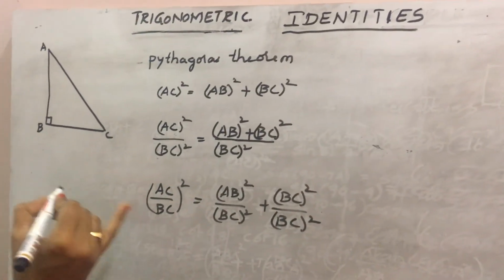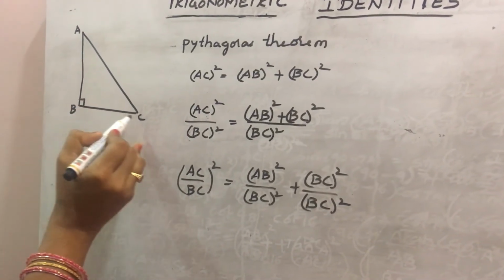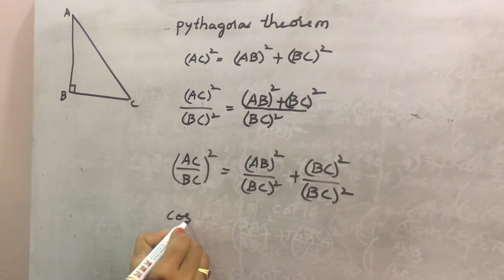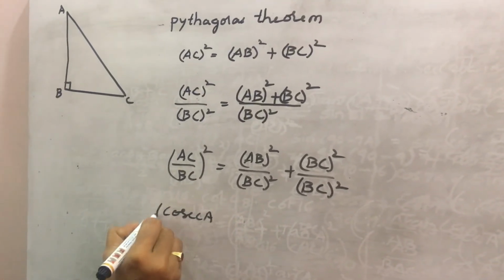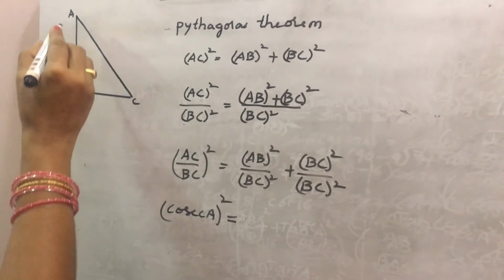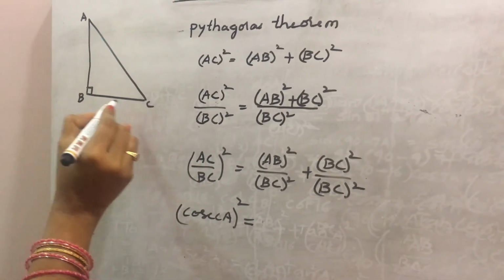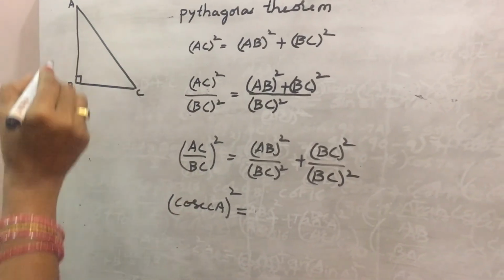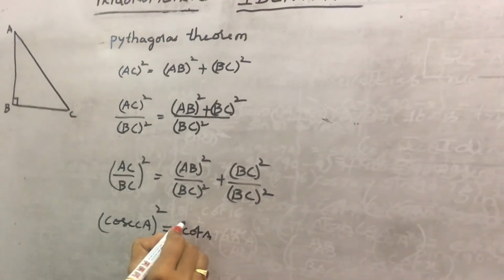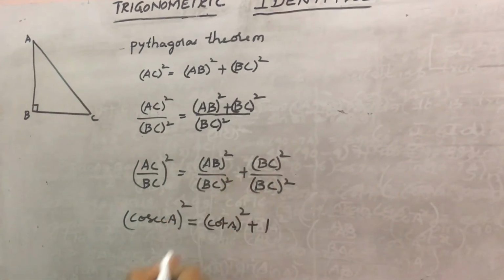See here, AC by BC, hypotenuse by opposite side to A, we can write it as cosec A. Whole square is there, that's why we are writing whole square. See, AB by BC, AB is the adjacent side to A angle, BC is opposite side to A angle. We can write cot A whole square. BC square by BC square is equal to 1.